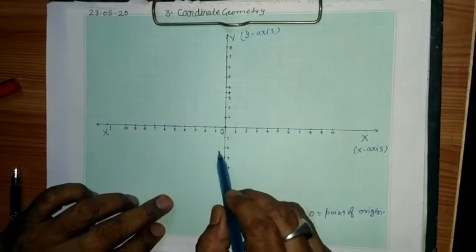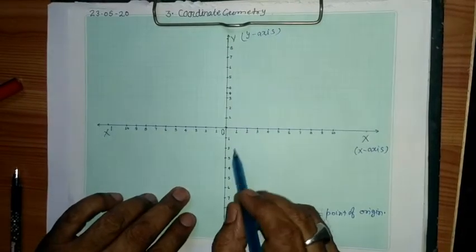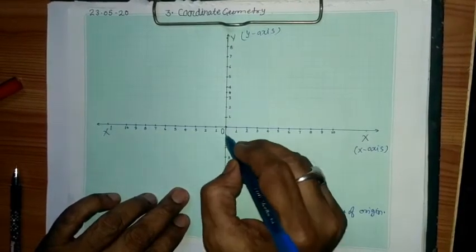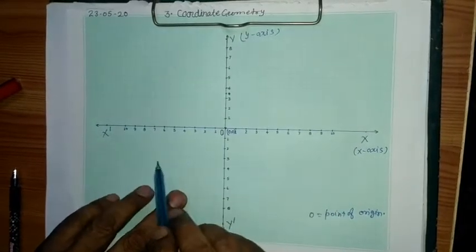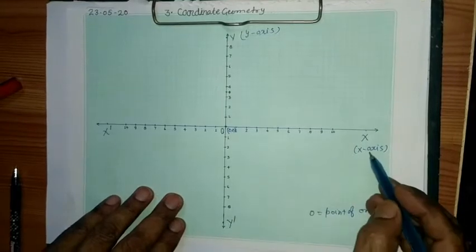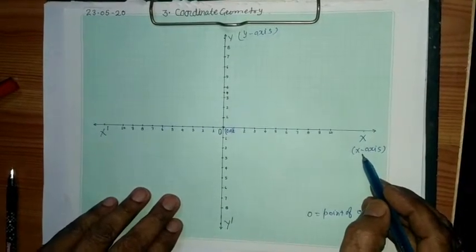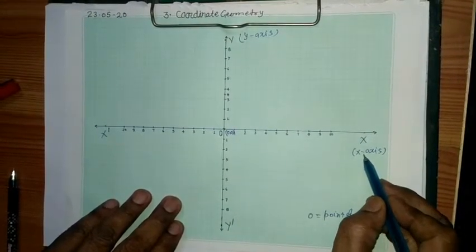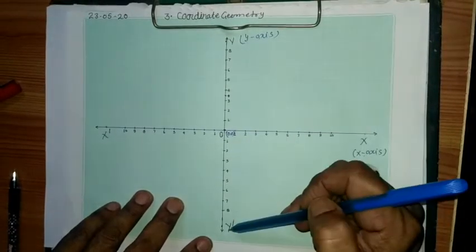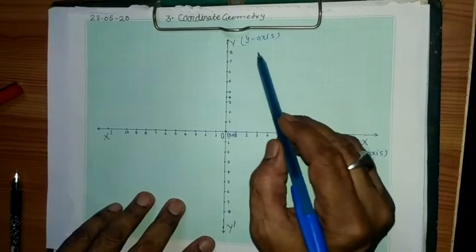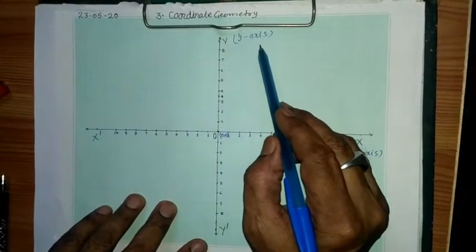Its coordinate is (0, 0). The x-axis is also known as abscissa and the y-axis is called ordinate.